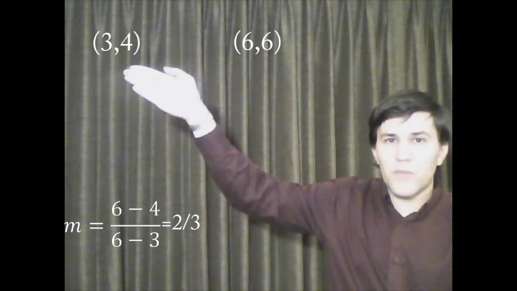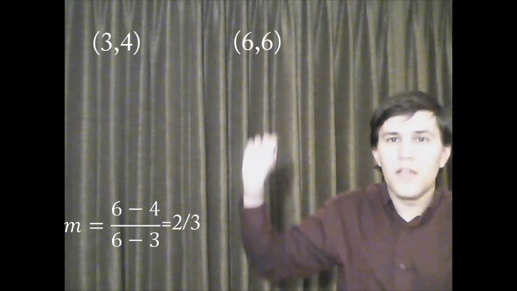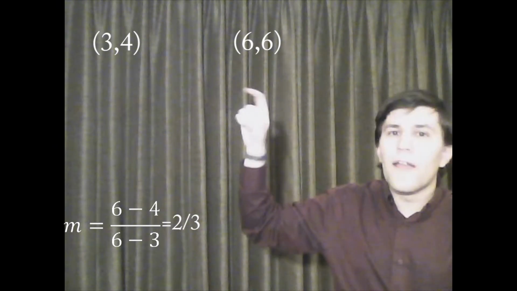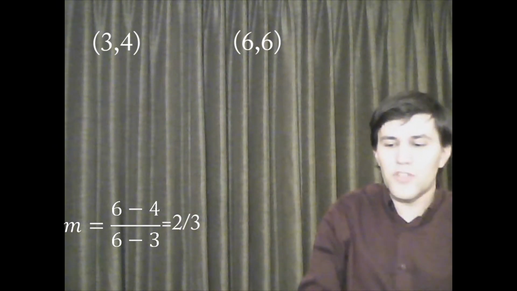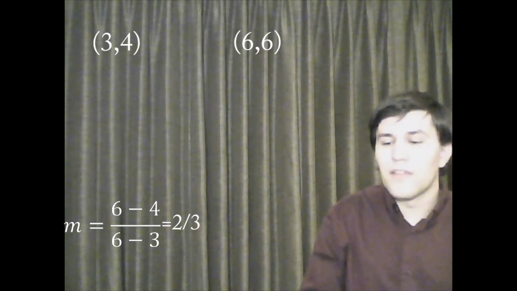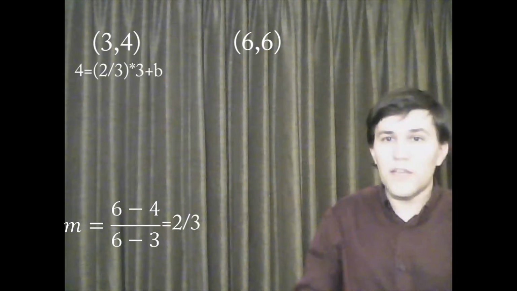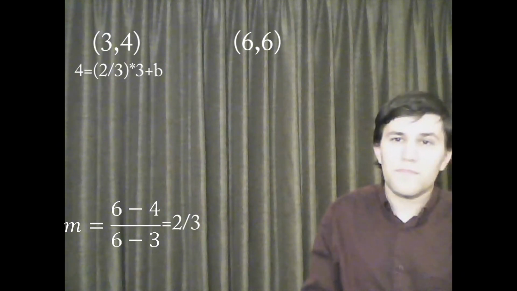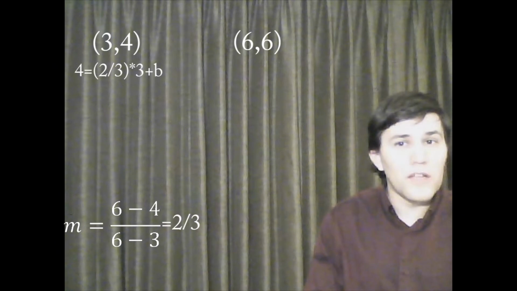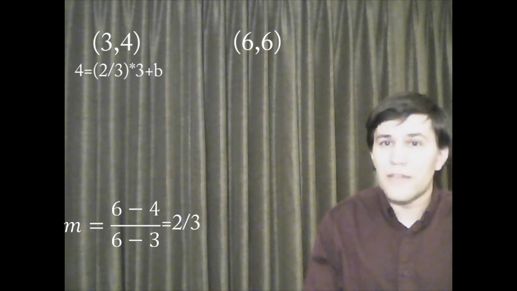So remember that 3 is x and 4 is y, so we're going to rewrite this equation. Instead of being y equals 2/3 x plus b, this is going to be 4 equals 2/3 times 3 plus b. Now we have all of our variables except for b found.